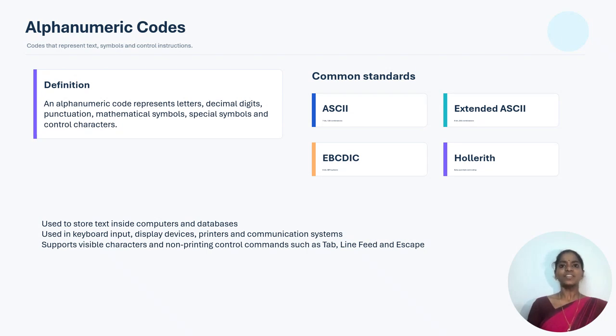For example, when a user types cat, each letter is stored using its corresponding character code, and then used in data communications, displaying characters, storing data, etc. Advantages of alphanumeric codes are standard representation of characters, easy storage and processing, reliable data communications, and support for both data and control information.